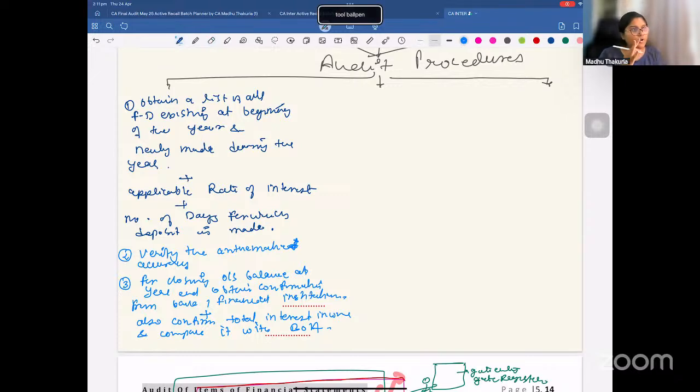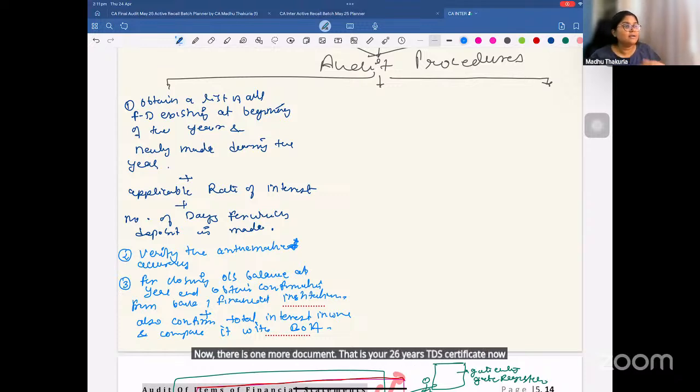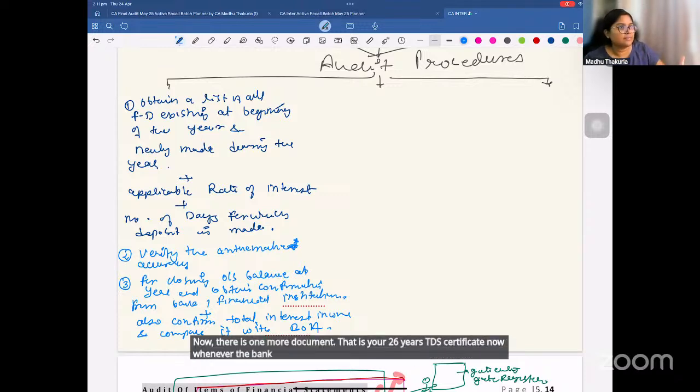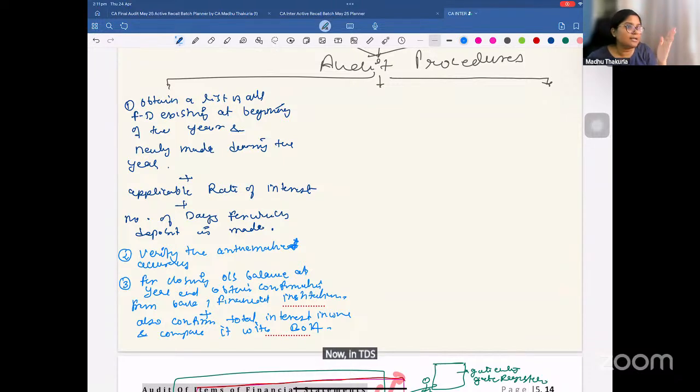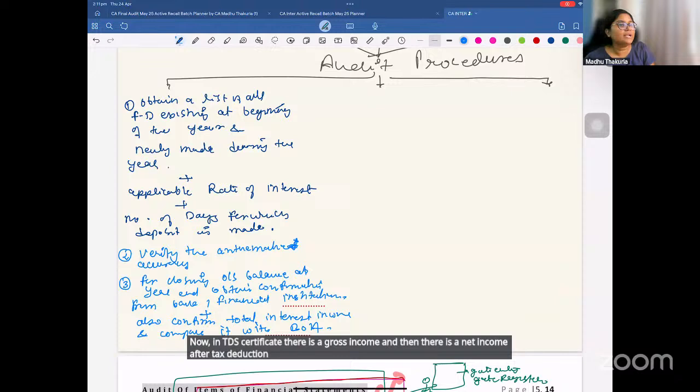Now, there is one more document, that is your Form 26AS TDS certificate. Whenever the bank gives interest, there is a TDS amount they deduct. In the TDS certificate, there is a gross income and then a net income after tax deduction, right? So you will get the confirmation about the total income from the TDS certificate as well.